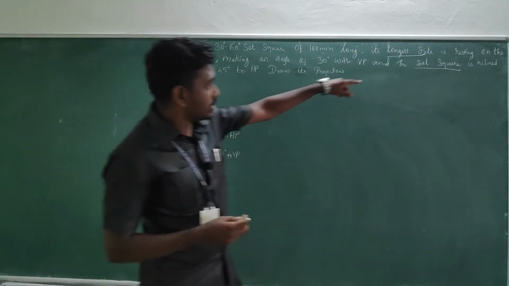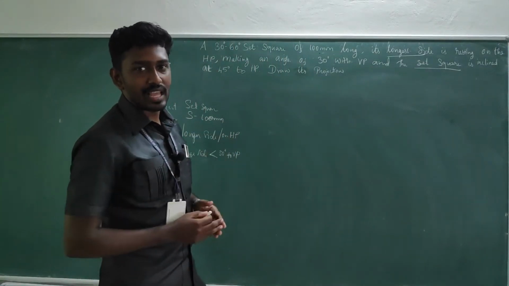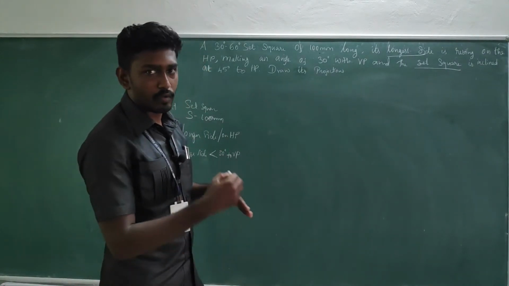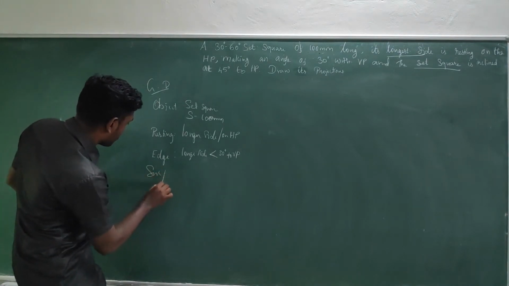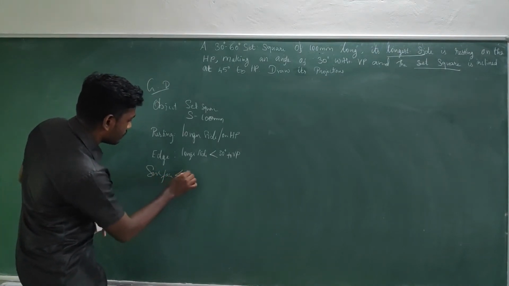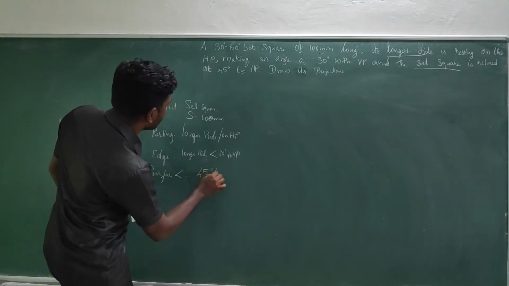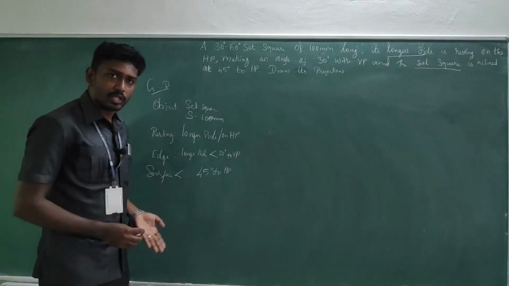So here it is mentioned set square is inclined. That means nothing but it's a surface inclination. The name itself they are mentioning instead of saying as a surface. So the surface inclination is given as 45 degree to HP. So it is inclined to both the planes.